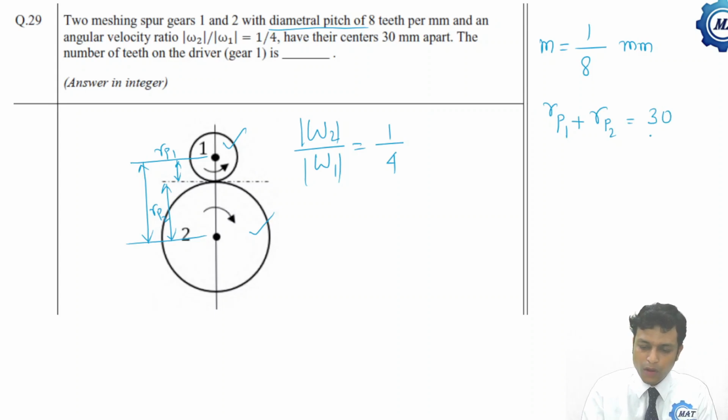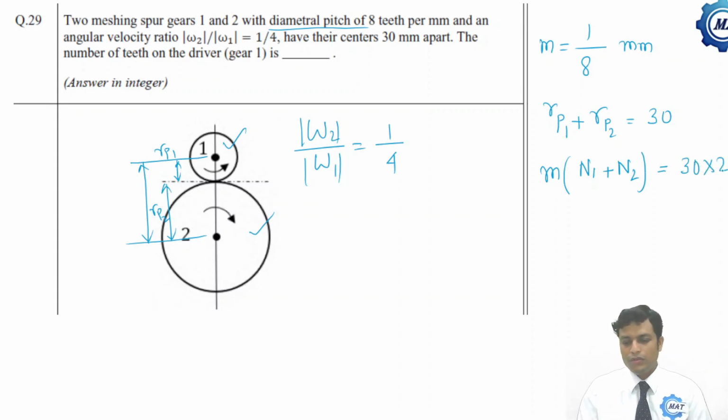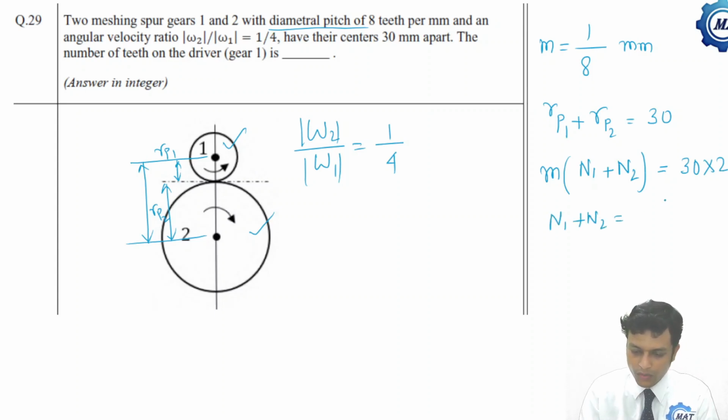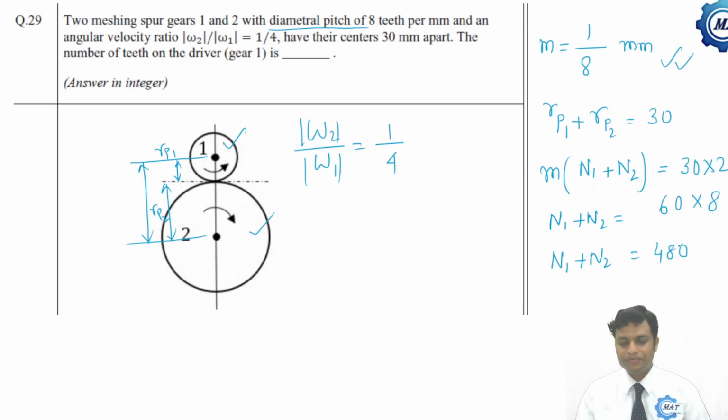The pitch circle diameter is module into N1 plus N2, where N1 and N2 are the numbers of teeth. So that should be 30 into 2, radius into 2 is the diameter. So module into N1 plus N2 is 60. M is 1 by 8, so 60 into 8. So N1 plus N2 is 480.